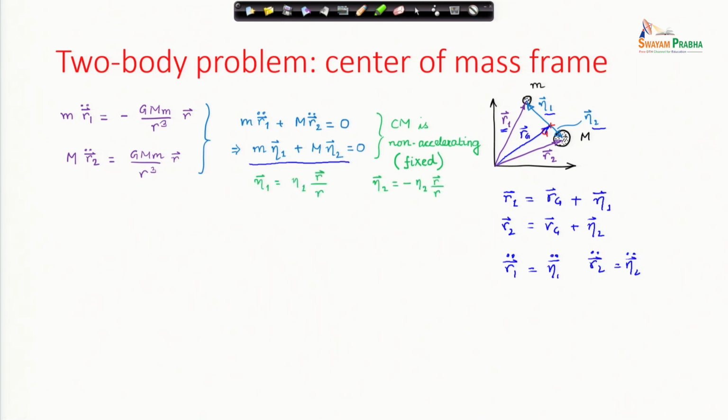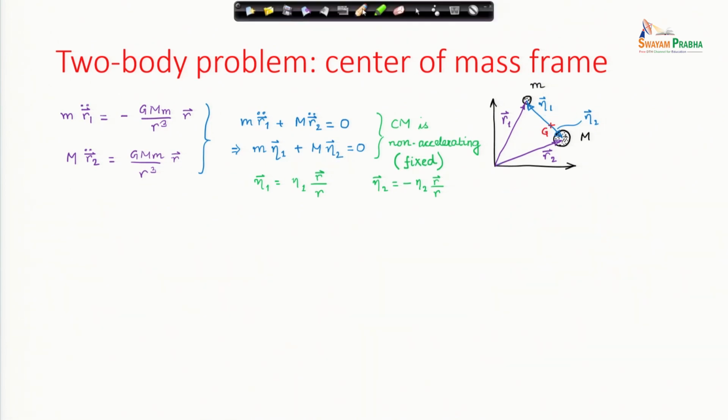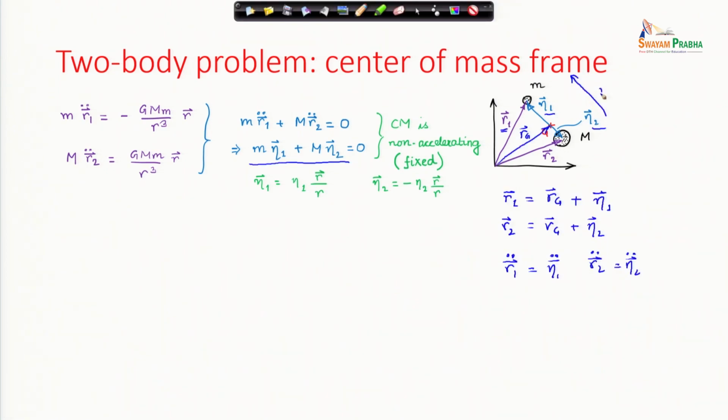Now, these vectors eta 1 and eta 2 can be written in terms of that r vector which I just showed you. This r is from capital M to small m, and I can write eta 1 vector as eta 1 magnitude times unit vector r, while eta 2 starts from g and goes opposite to the r vector to capital M. Therefore, eta 2 vector is its magnitude times unit vector r in the opposite direction, minus, that is how this negative sign comes about.